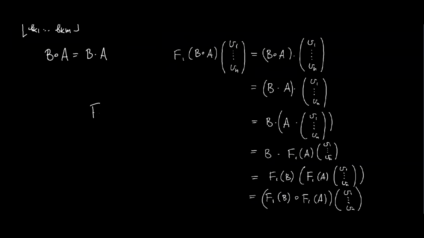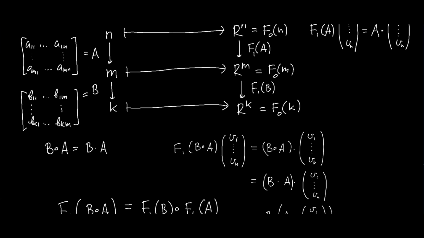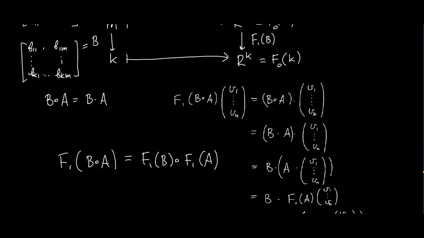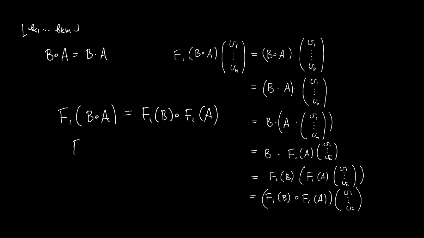So we get that f1 of B composed with A equals f1 of B composed with f1 of A. And of course, we already know this from linear algebra, because when we represent linear maps as matrices, we know that matrix multiplication corresponds to composition of those linear maps. So we didn't really establish anything new here. And in the same way, we know that the identity matrix is the identity linear map.